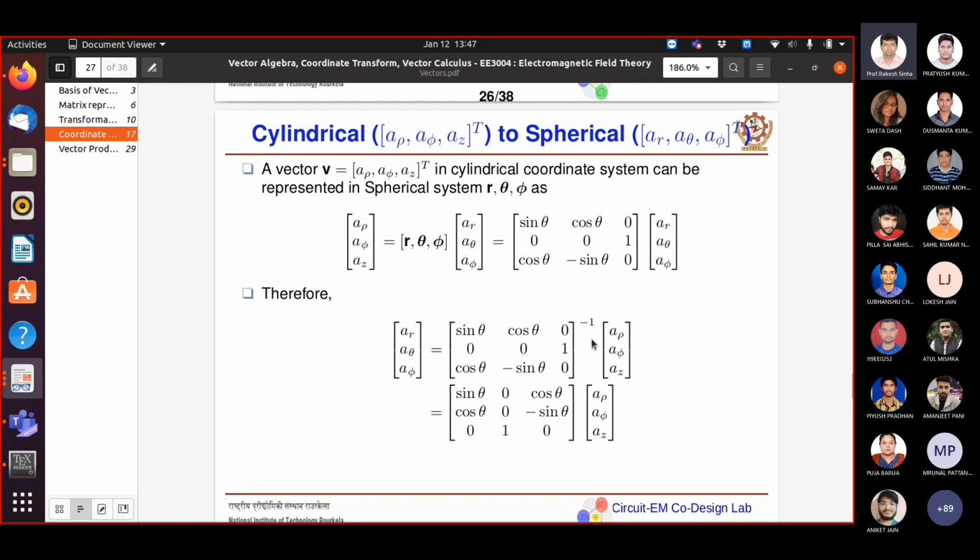This can be done through the transpose of this matrix, because it is an orthogonal matrix. This column becomes this row, and this column becomes this row, and this column becomes this row. In this way it has been done.